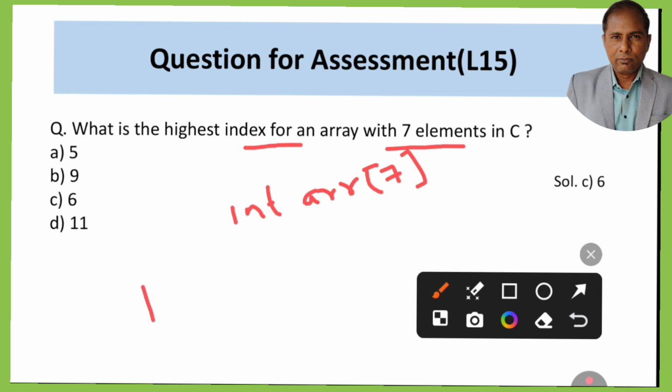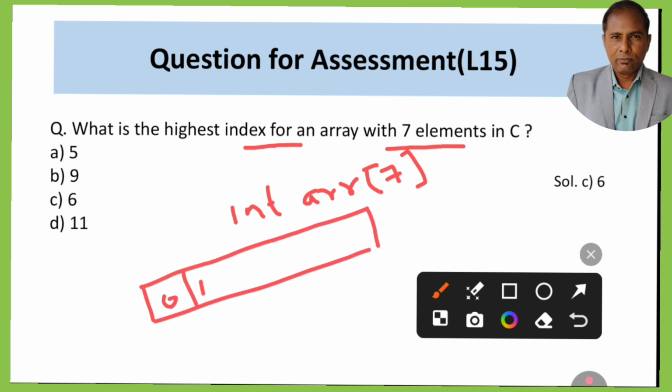I think I have told you that array indexing starts from 0, then it will be 1, 2, 3, 4, 5, then 6. So it will start from 0 and go up to 6. So I think C should be the correct answer. So you can log the answer C.